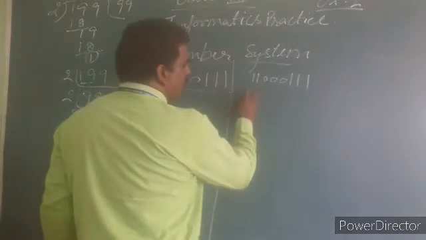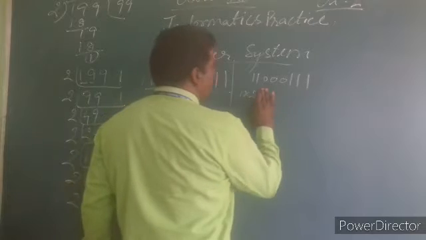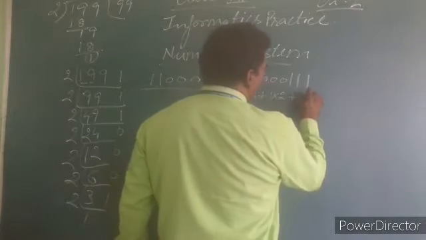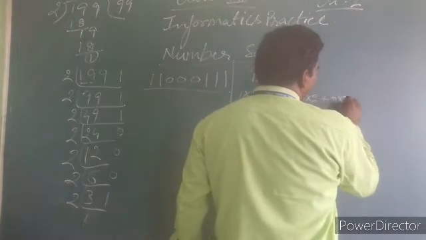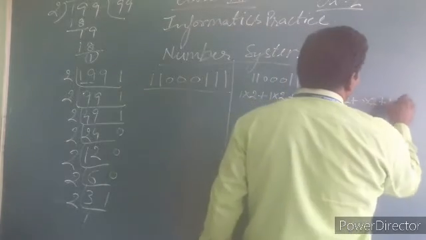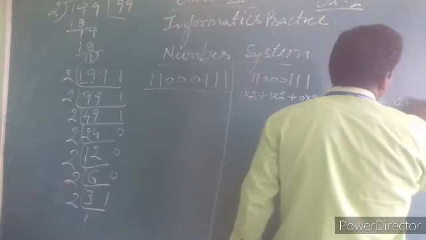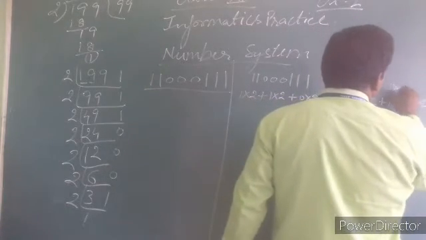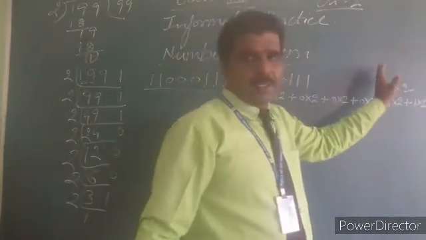Here I want 1 into 2 plus 1 into 2 plus 0 into 2 plus 0 into 2 plus 0 into 2 plus 1 into 2 plus 1 into 2 plus 1 into 2. I am writing the powers at the place of this.